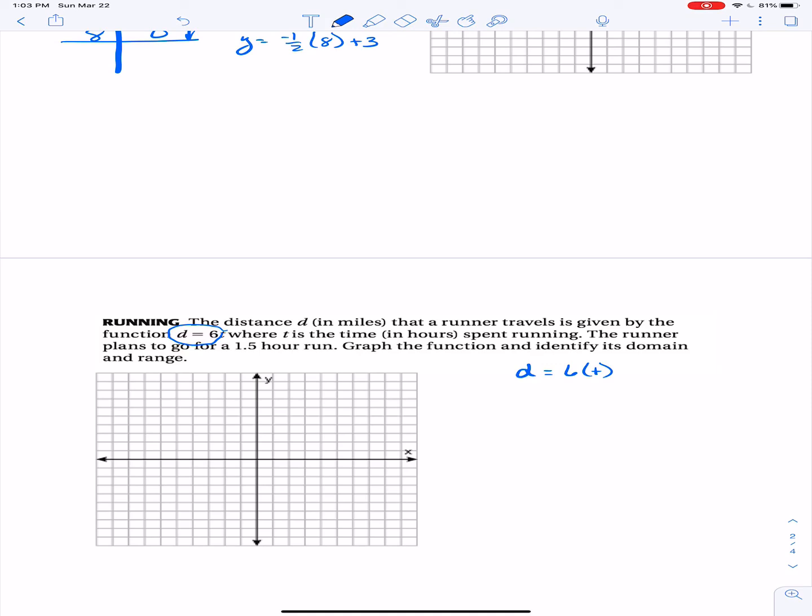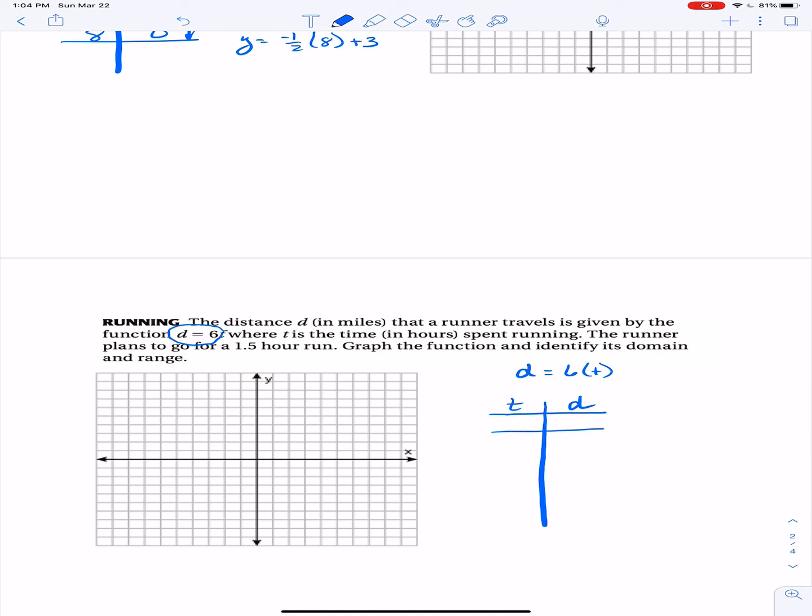So again, for the purpose of this video, we're going to go ahead and create a table where we have x and y. But this one, we don't use x and y because they've already told us that they want us to use the letter t and the letter d for distance. So I'm going to go ahead and change my table, okay? And so we're going to go ahead and do this.